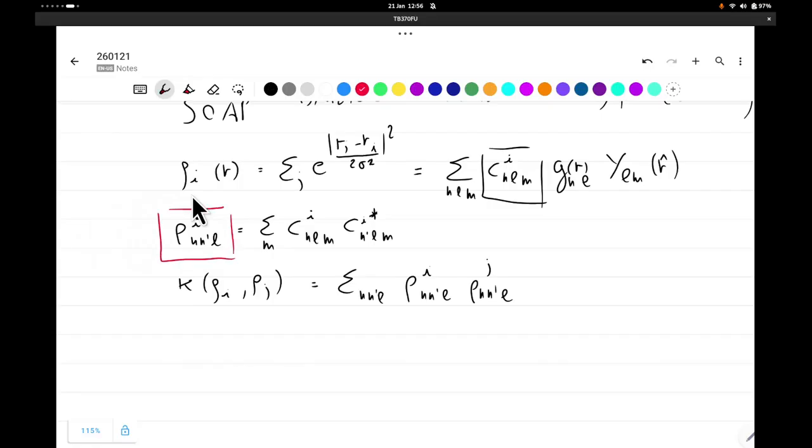So you have the n and n prime numbers, coming from how many radial functions you use for describing your distribution, and the angular channel of the spherical harmonics.